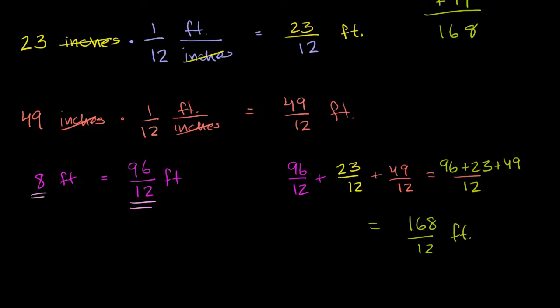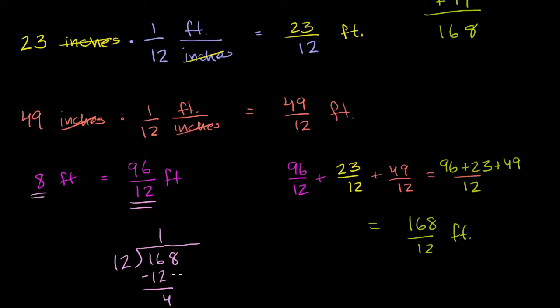But let's write this now as a mixed number so that we have a better idea of how many feet it really is. To do that, we just divide 168 by 12. 12 doesn't go into 1. It goes into 16 exactly one time. 1 times 12 is 12. We subtract: 16 minus 12 is 4.